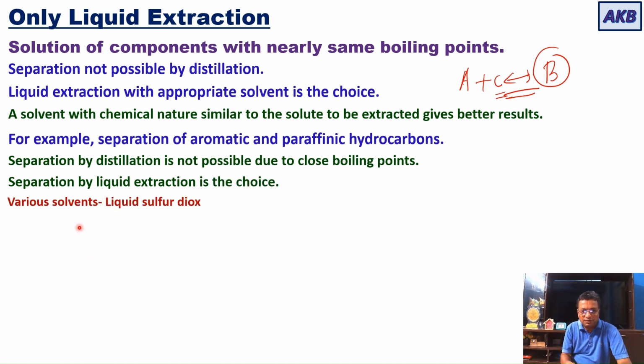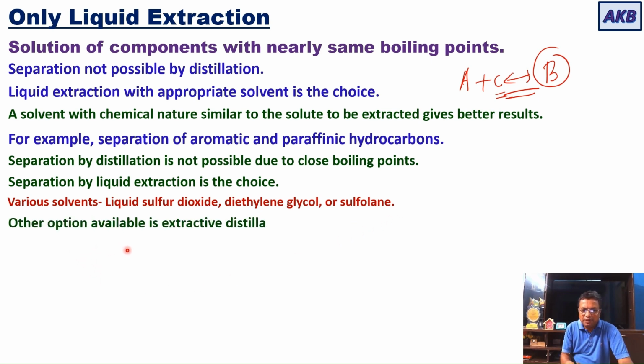You have different solvents that you can select from. Liquid sulfur dioxide can be used, diethylene glycol can be used, or sulfolane can be used as solvent. The other option available is extractive distillation.